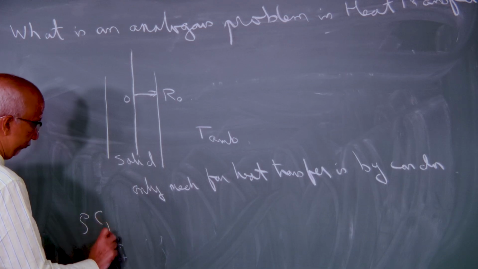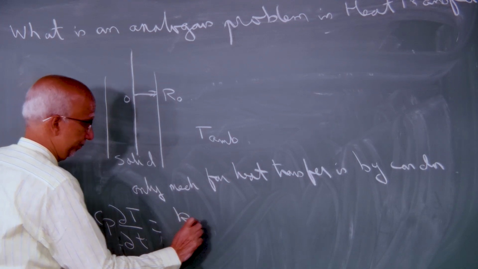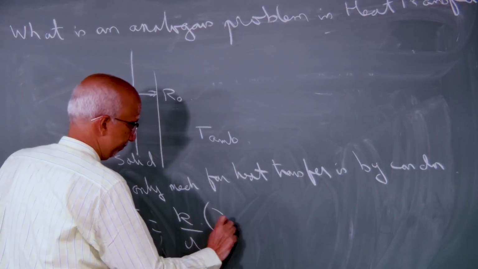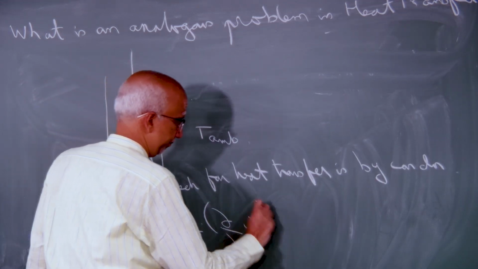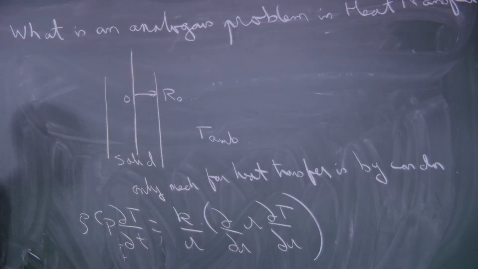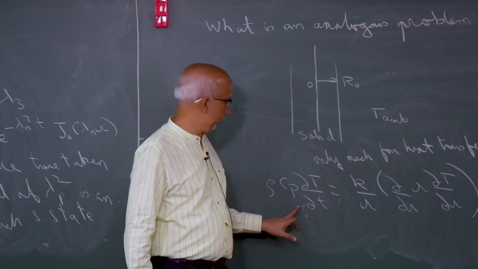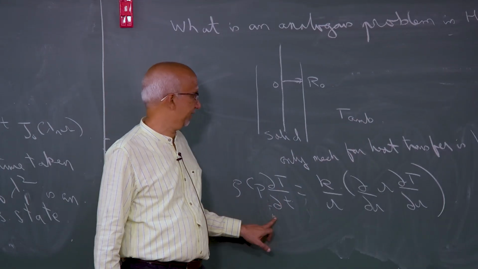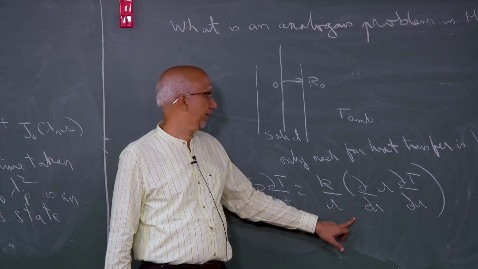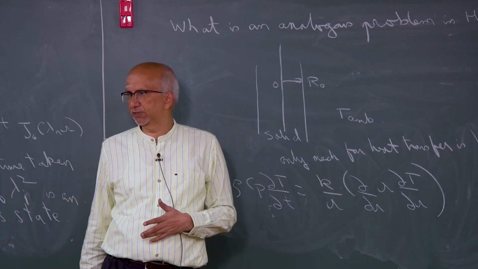Okay. So, now if you want to write the equations here, and you have to believe me, but you do not have a choice today. This is going to be the equation for the heat transfer, okay, the energy balance equation, because there is no velocity, you only have the time derivative, unsteady state, you have the thermal conductivity term, and this has to be solved subject to some boundary conditions.